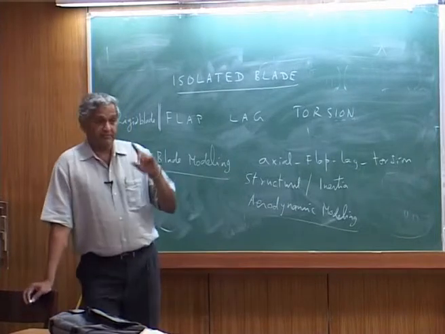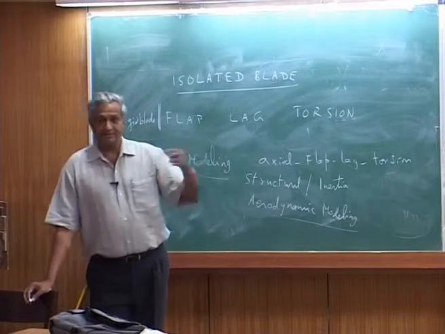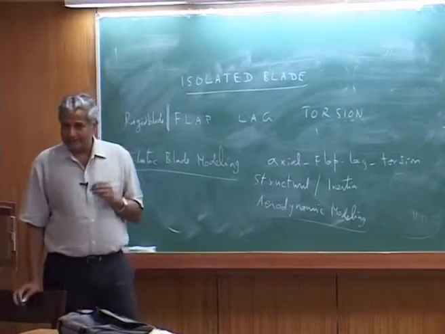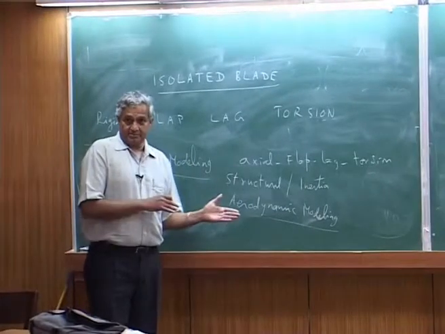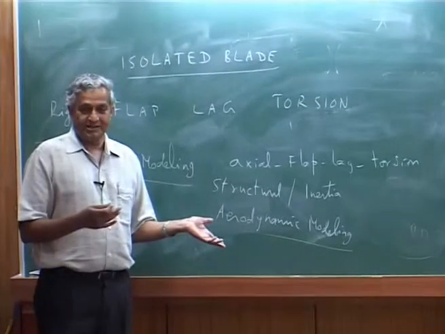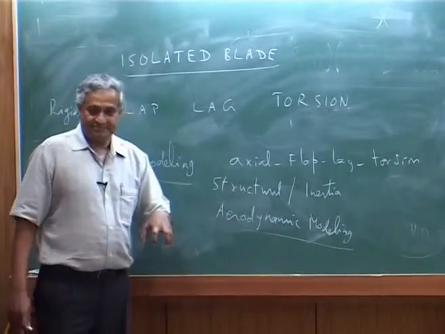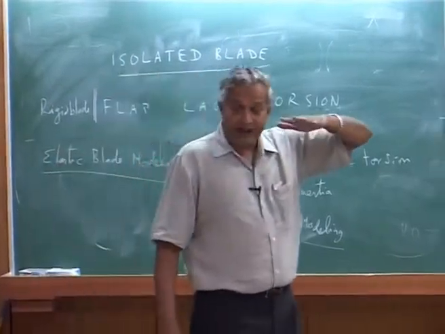I have to take care of the wake, which is the structure which the blade gives. You can have a lifting line theory, but here, when you go steady, unsteady, you have to have an unsteady aerodynamic model. And then the wake, that is the inflow, which is generated at the rotor disc.